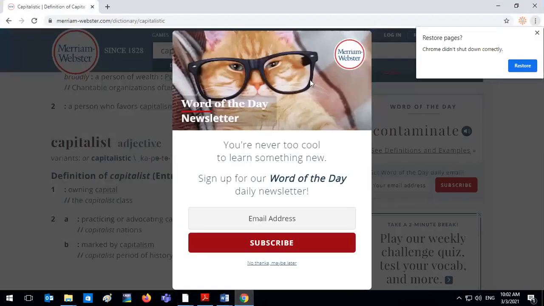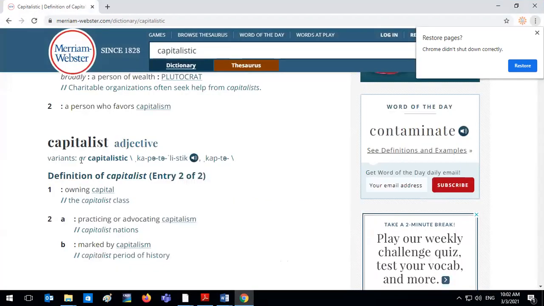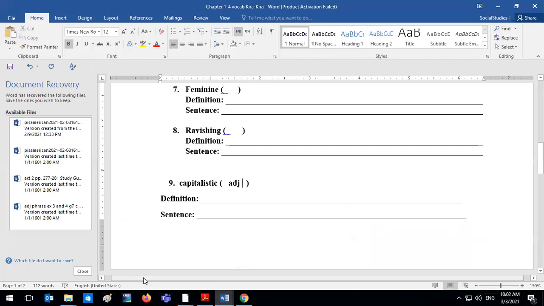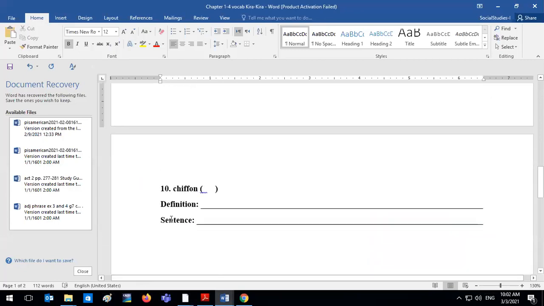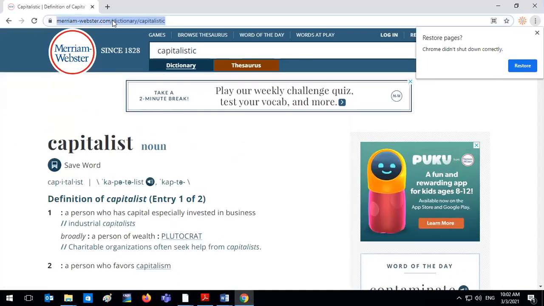Capitalism is a noun, but capitalistic is an adjective. The last word is chiffon, and chiffon is a material.